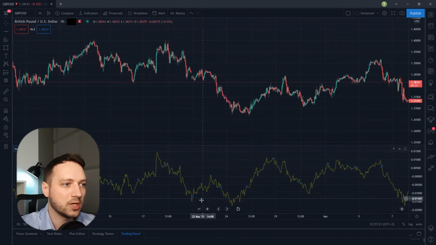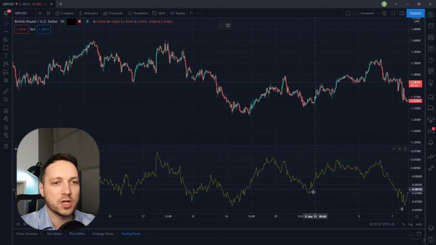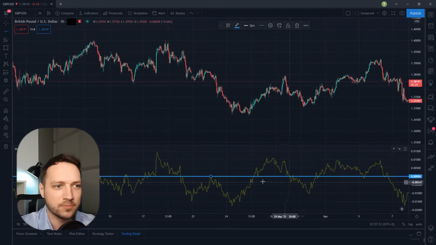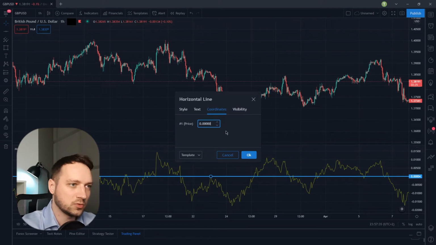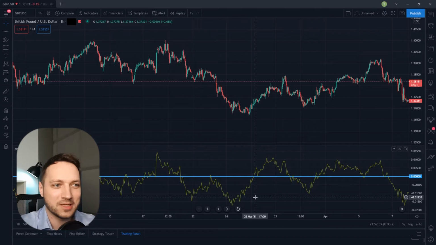So let's hit OK. The next thing what we should do is to mark our zero level, which is crucial in using the strategy with this indicator. It should be clear 0. So as you can probably deduct from what you see, the strategy goes as follows: that we enter a trade when our yellow line, the oscillator, crosses the 0 line.